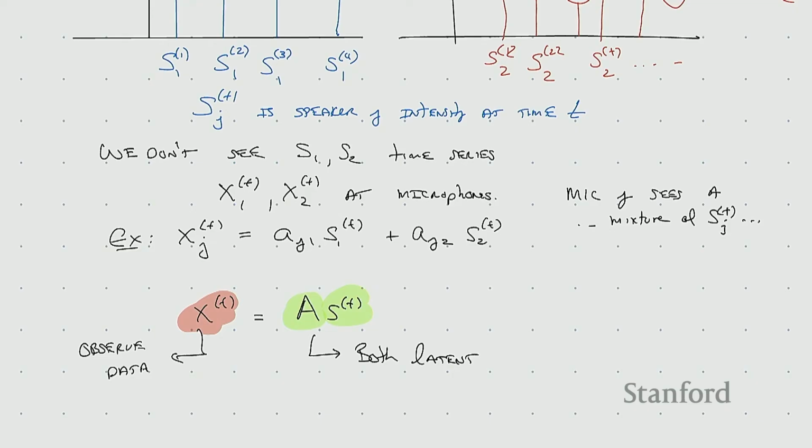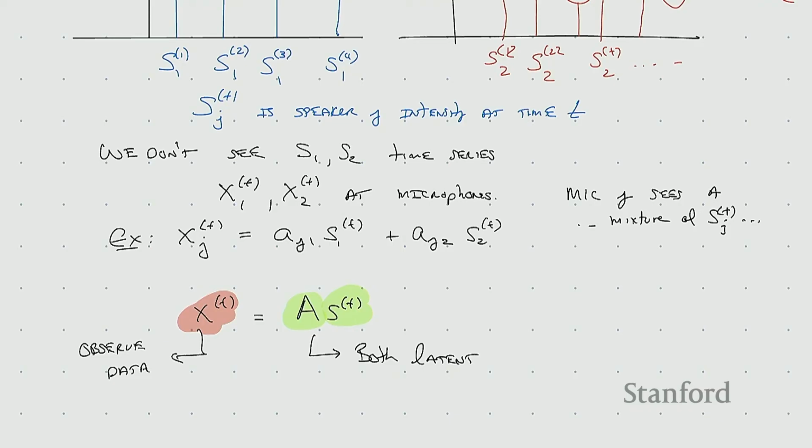Okay? For the moment, I'm going to assume that the number of speakers and the number of microphones are the same. You can imagine, because there's a matrix here, that if I have only one microphone, this is going to be substantially harder, actually impossible, to do the reconstruction. But I'm going to take advantage of the fact that I have different mixtures at these microphones. Okay? So assume I have the number of microphones the same as the number of speakers. Okay? So is the high-level story and setup clear? Intuitively, what should happen?